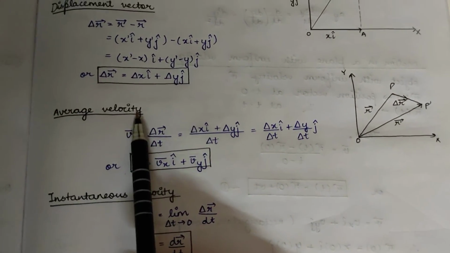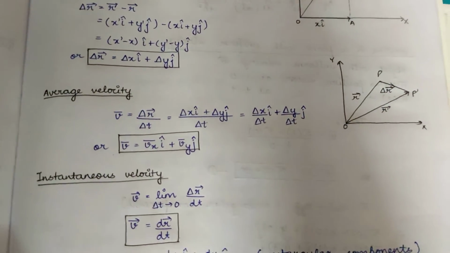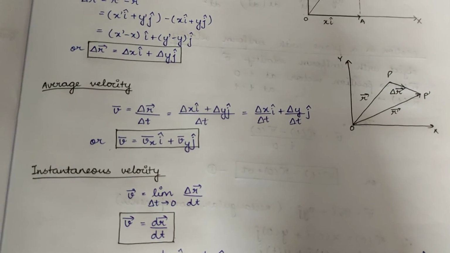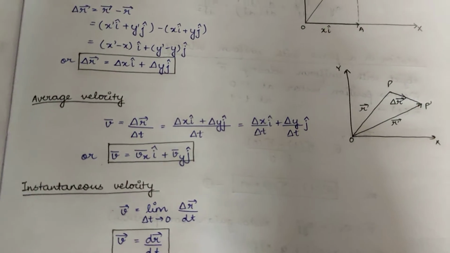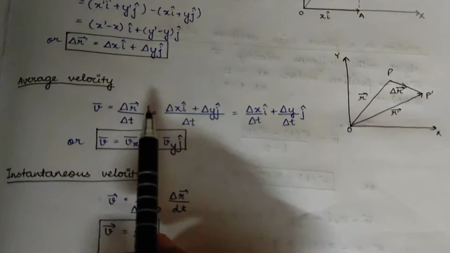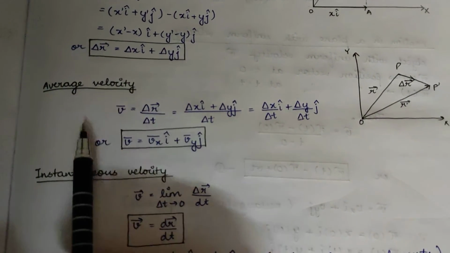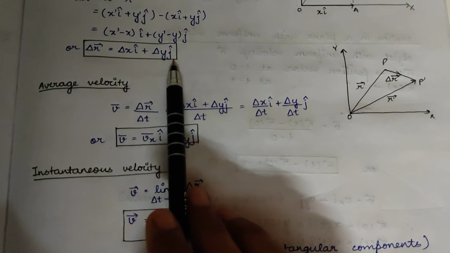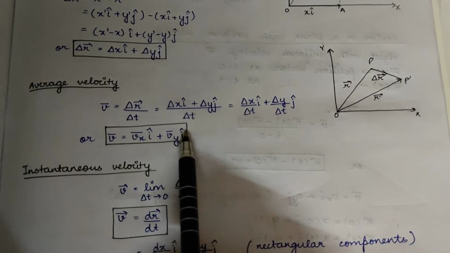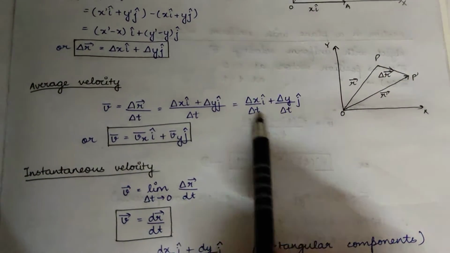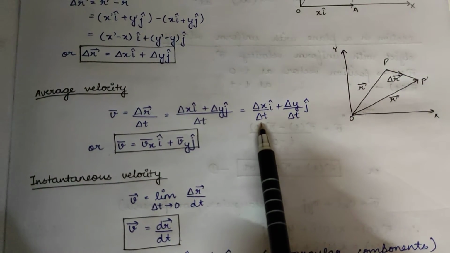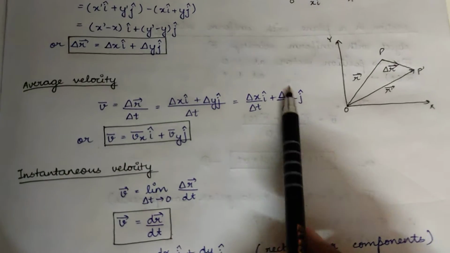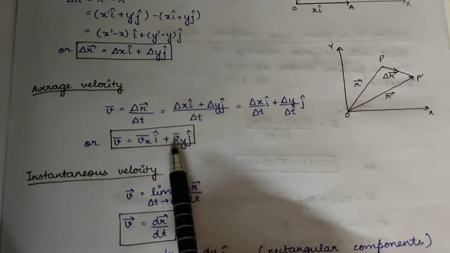Now, if we have to find average velocity, velocity is distance upon time, or change in distance upon time. So this shows the displacement, or velocity is displacement upon time. Then displacement is given by delta x i cap plus delta y j cap upon delta t. If we rearrange it, we will get delta x upon delta t, which represents velocity, and delta y upon delta t, which represents velocity.